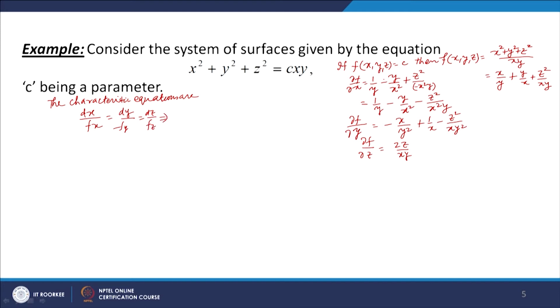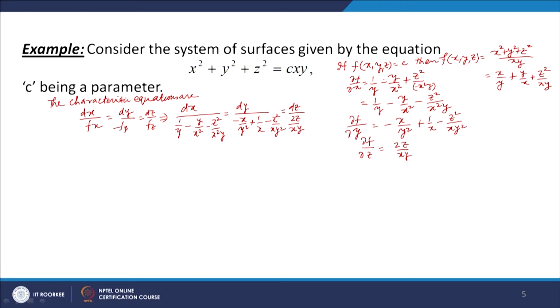So, dx over 1 upon y minus y upon x square minus z square upon x square y equal to dy over f y, so minus x upon y square plus 1 over x minus z square upon x y square, equal to dz divided by 2z over x y. This is what we get.